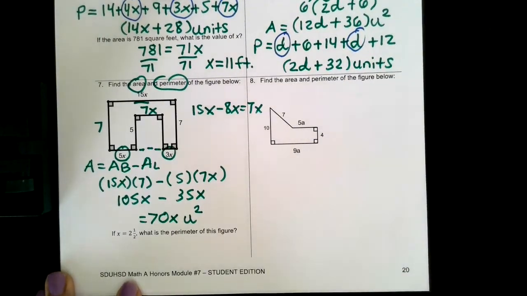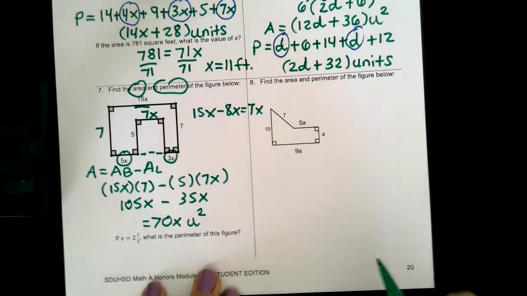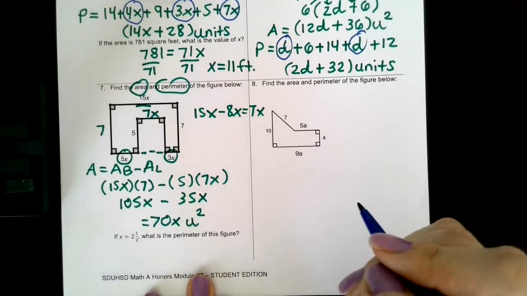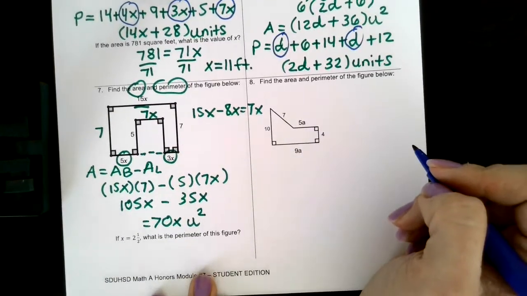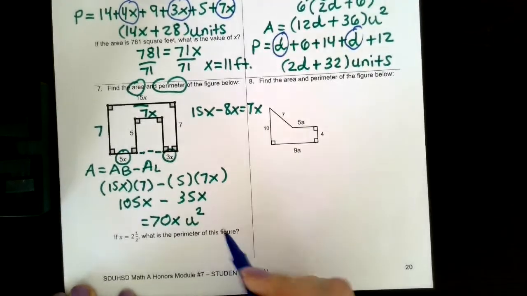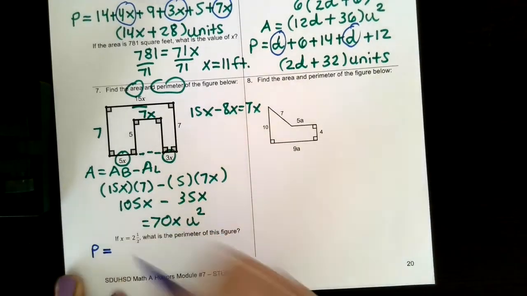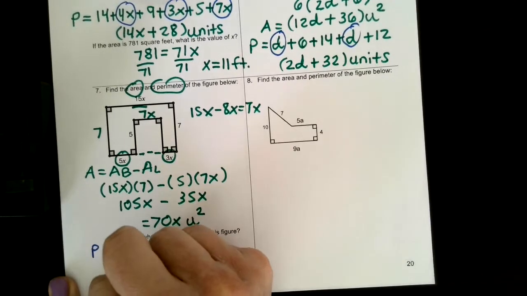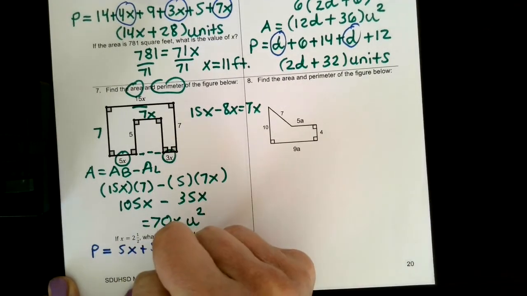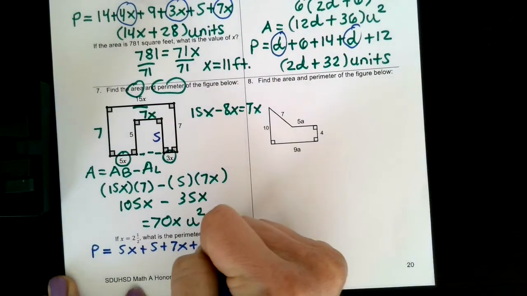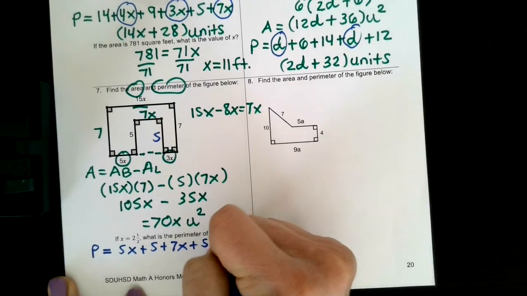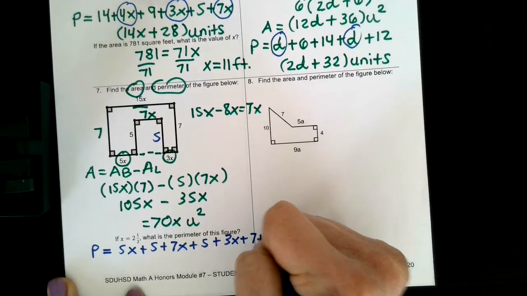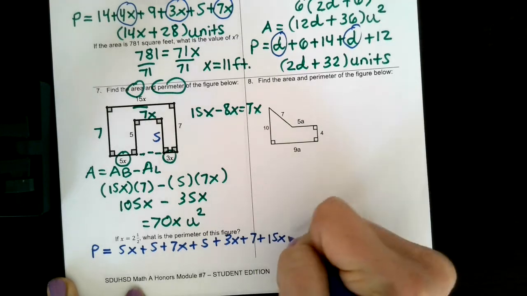Okay, for perimeter, let me write this in a different color. For perimeter, we're going to add up all of the measurements, and then we're going to plug in x equals 2.5. So first, let me find the perimeter. The perimeter is 5x plus 5 plus 7x plus another 5, plus 3x plus 7, plus 15x plus 7.